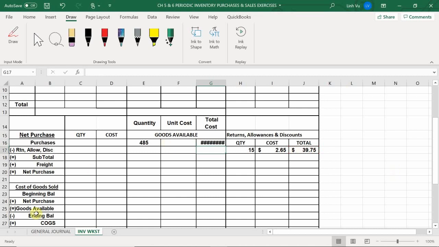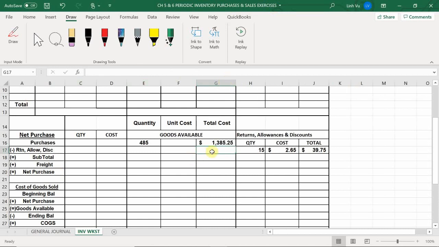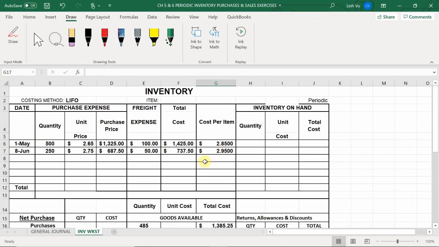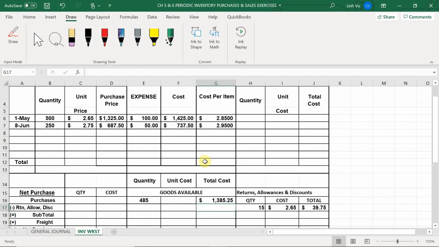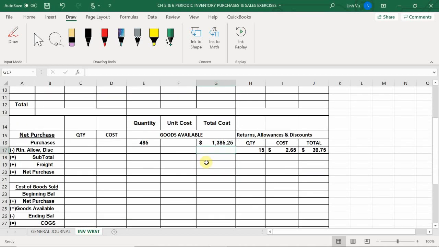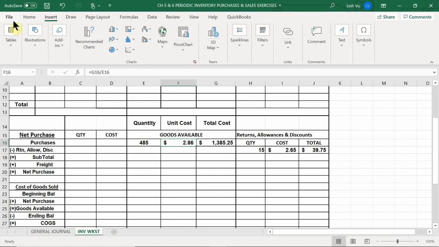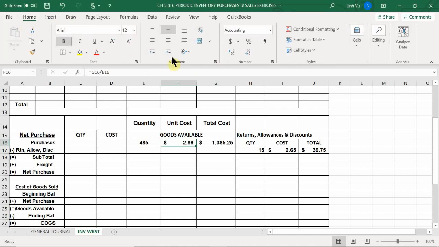So therefore, we have a new total and a new total cost. We started with $14.25 minus the $39.75 to get $13.85.25. And of course, we need to resolve for our cost per item here, because this time we have a lesser quantity and a lesser total cost.